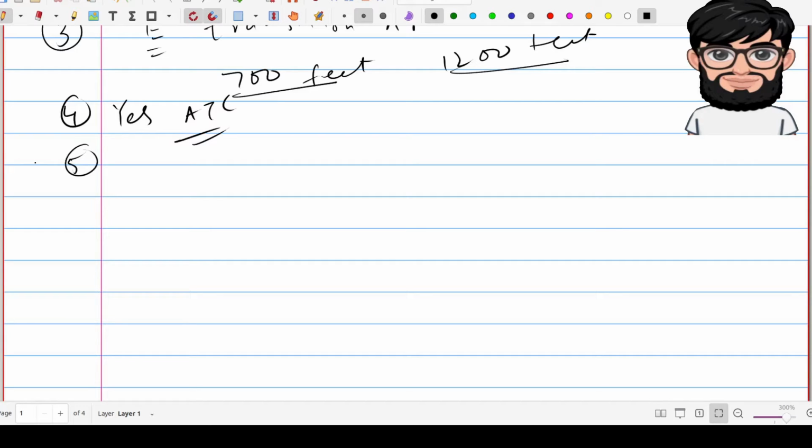Okay, how is Class Echo airspace depicted on the navigational chart? So in terms of the depiction of Class Echo airspace, first of all they are present in the sectional charts, the TACs, the terminal ones, and the IFR en route low altitude charts.